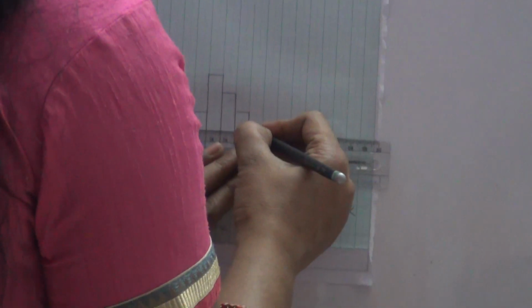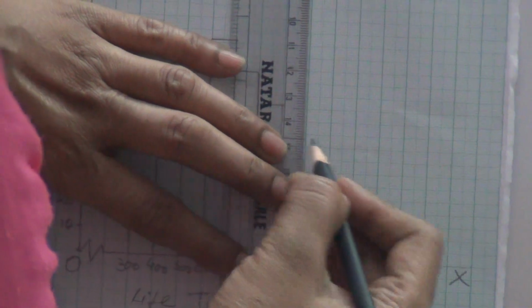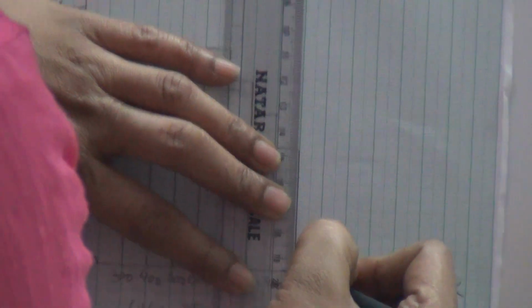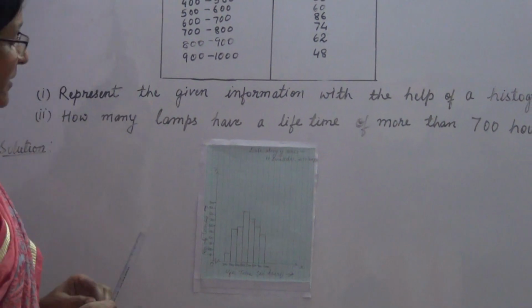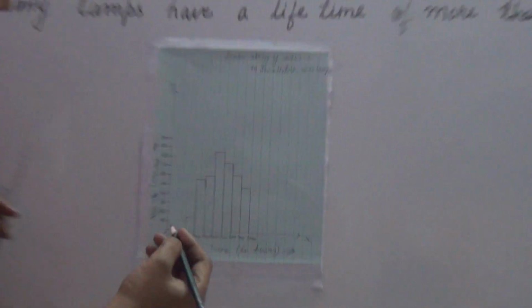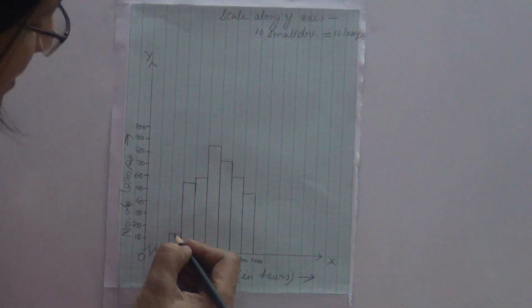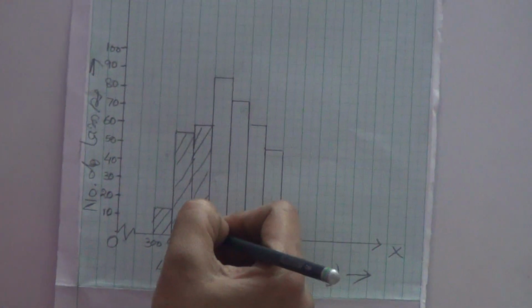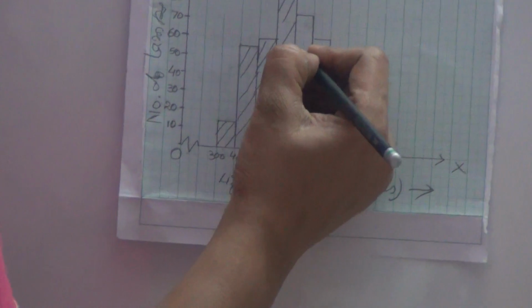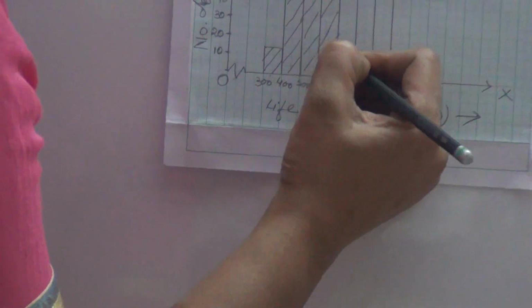Let us draw this. Yes, now with this we have completed our histogram. If we highlight these rectangles by slanting lines, it will look more neat and clean, and clarity will increase. So we must do this. I prefer to do shading of these bars for more clarity.